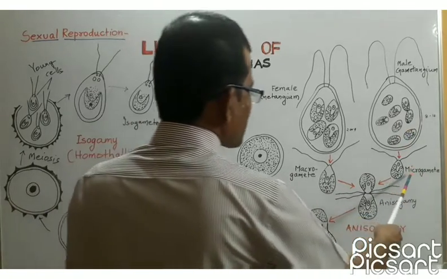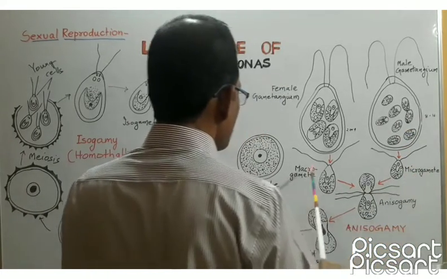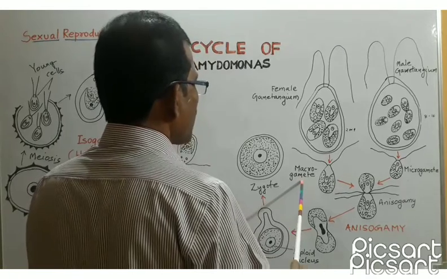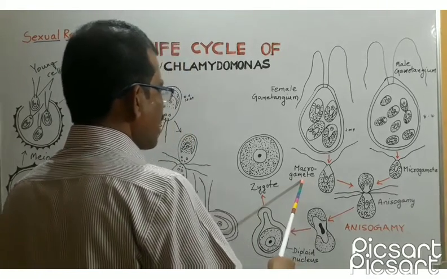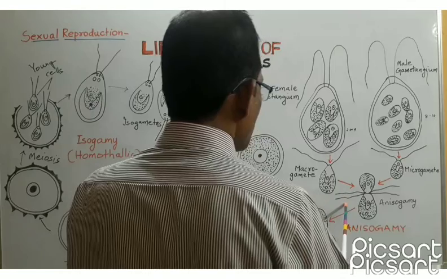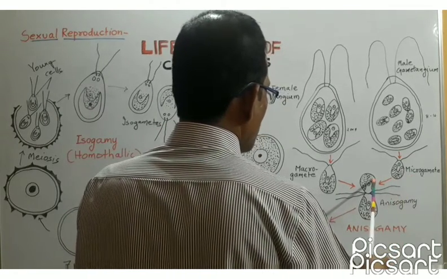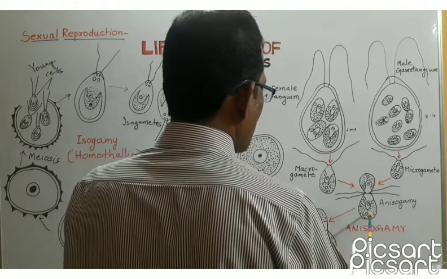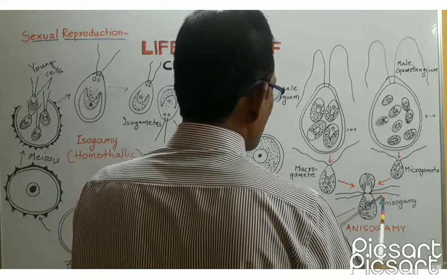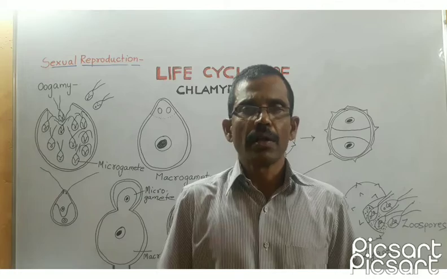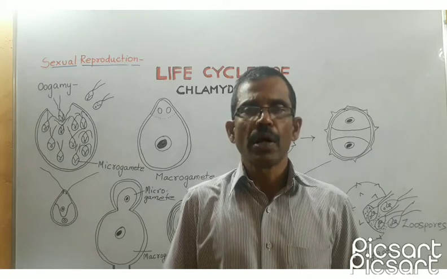The male gametes are called as microgametes and the female gametes are called as macrogametes. As in isogamy, in anisogamy also fusion occurs between one microgamete and another macrogamete, at their anterior end. In Chlamydomonas, few species are oogamous.